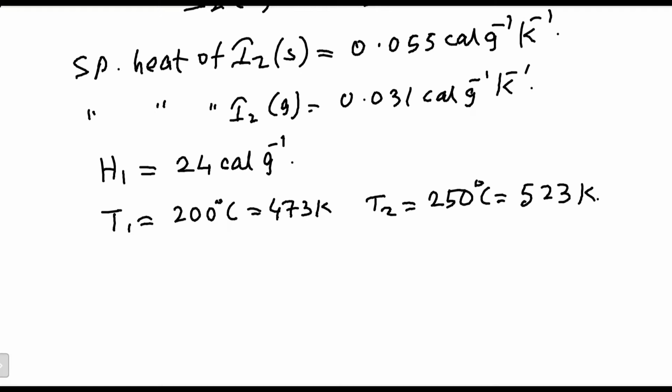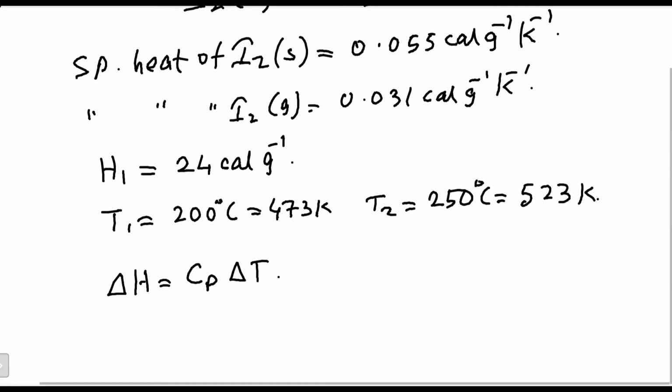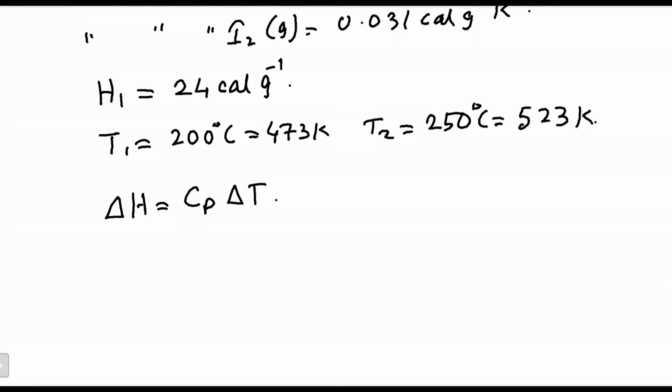We know that for the heat involved in a system at constant pressure, we can apply delta H equals Cp into delta T, where Cp is the specific heat at constant pressure.